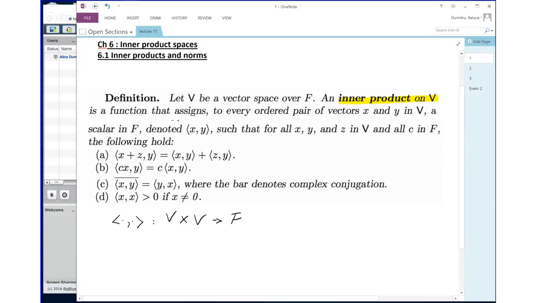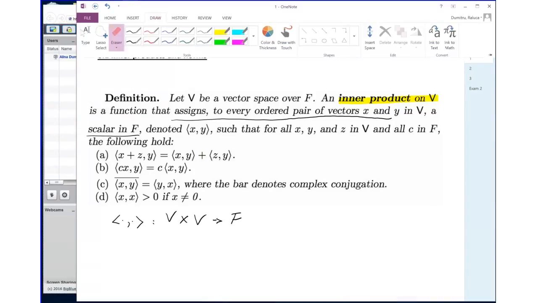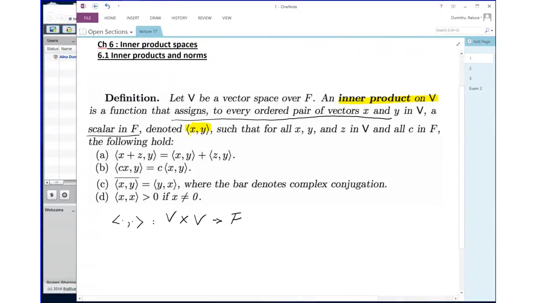So you assign to every ordered pair of vectors a scalar in F. And that scalar is denoted like this, inner product of x and y. And you make this assignment with the following properties.